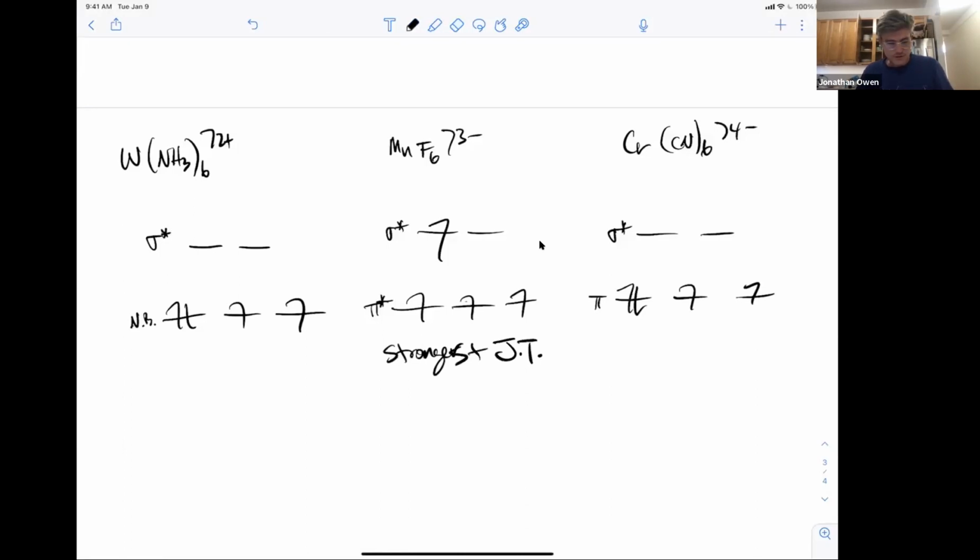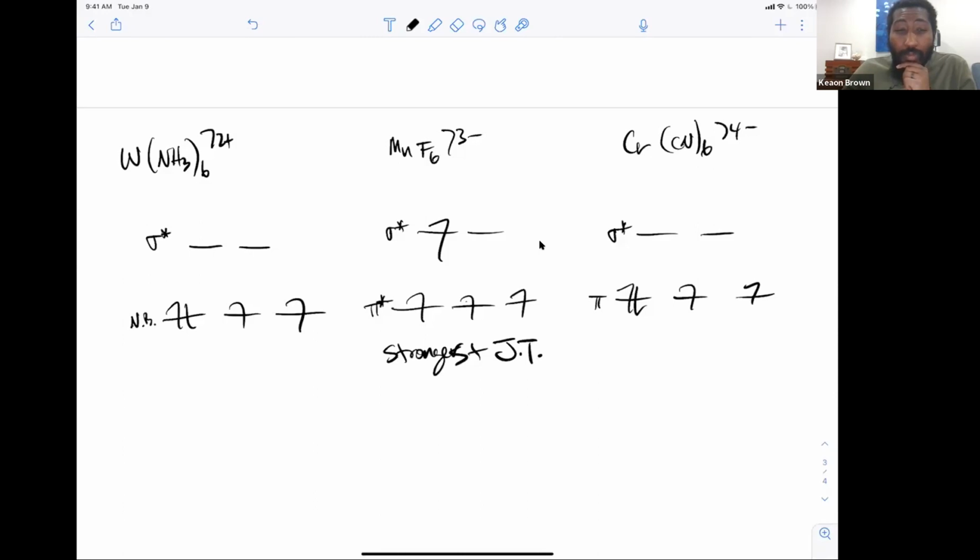Now, what about the other two? Would the weakest be with the tungsten? Why would you say that? Well, it's a non-bonding orbital. So I'm thinking that's probably going to be lower in energy than a pi or something with pi symmetry.